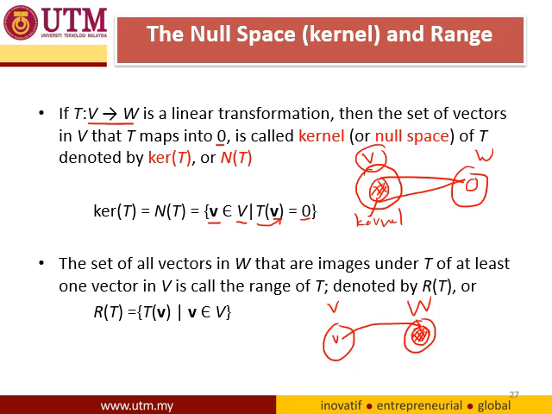Remember, for range, it is in W. When you transform the V, right, it will be in this range. But for kernel, if you transform the V, it is in the V here. Alright, kernel is in here. When it transforms, it will show 0 in the W.